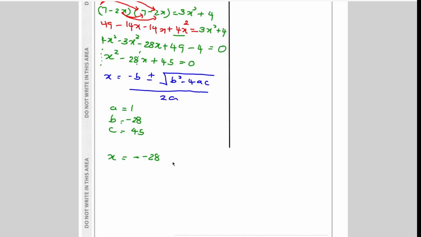Then minus minus 28 plus or minus root of b squared. b squared is minus 28 squared minus 4. a is 1, c is 45, all over 2 times 1, a.